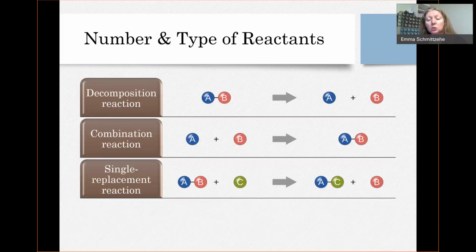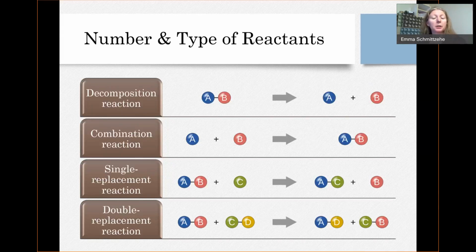Now, the last general type of reaction that you could predict from what type of substances and how many reactants you have would be a double replacement reaction. Whenever you're doing a reaction with two compounds, especially two ionic compounds, because this is most often what a double replacement reaction starts with, you have two ionic compounds as your reactants.